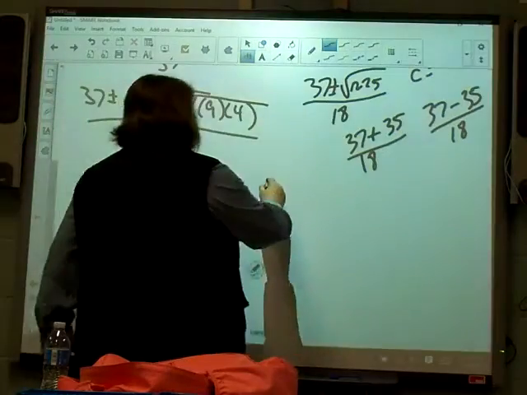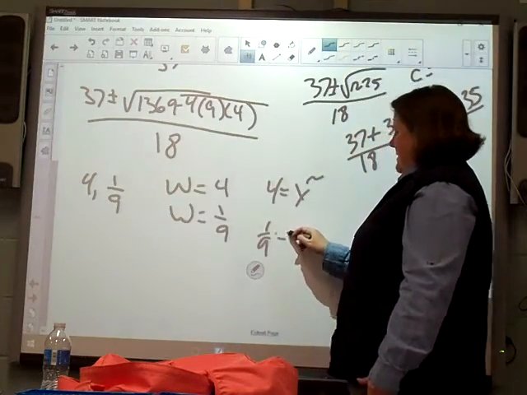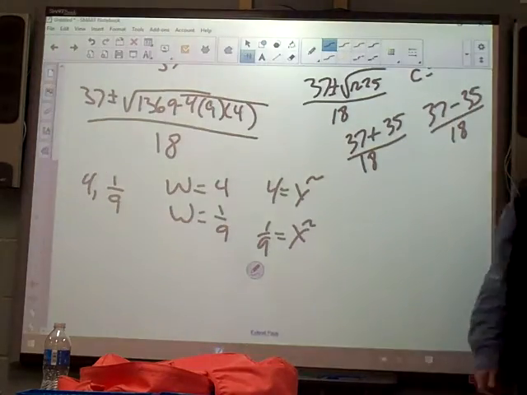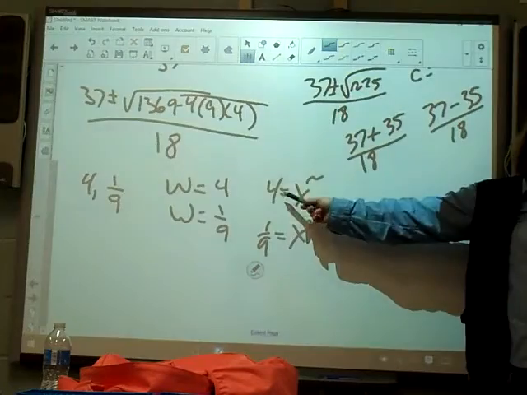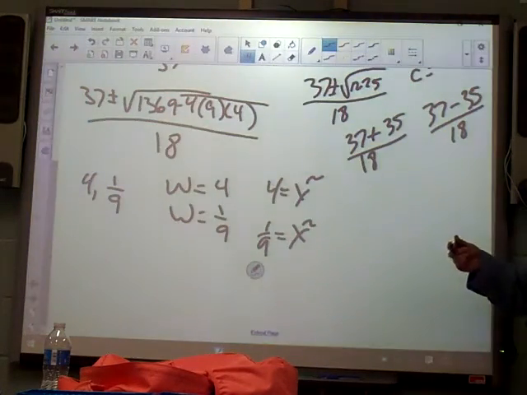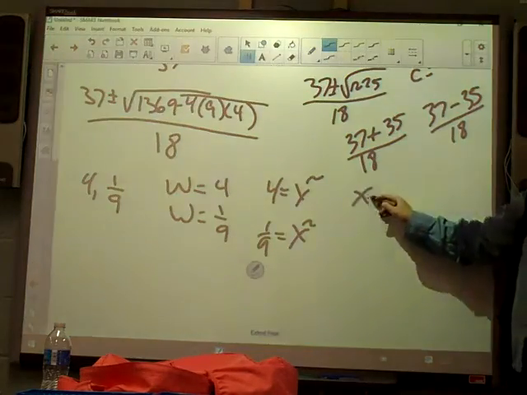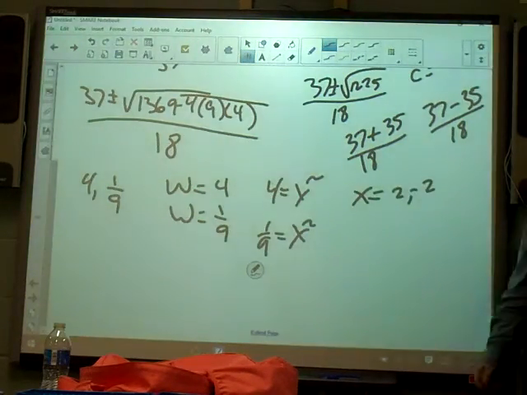So 4 is equal to x squared, and 1/9 is equal to x squared. This is that last modification I was talking about. To undo this squared, you take a square root. So what's the square root of 4? And there are 2 answers. Very good. 2 and negative 2. You put plus or minus 2.